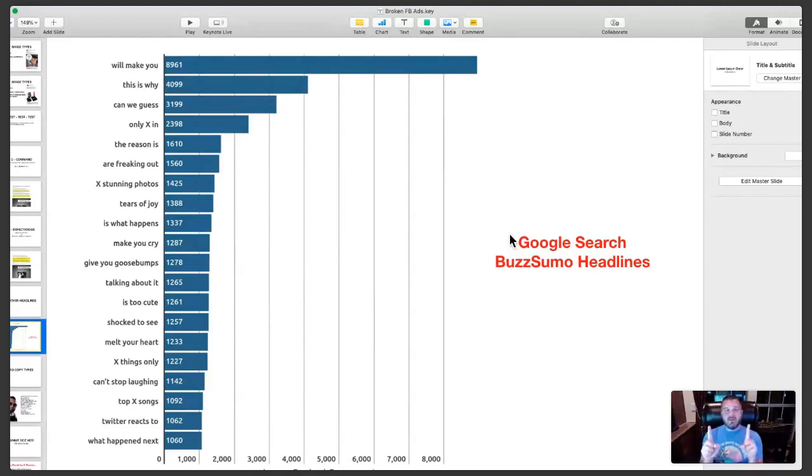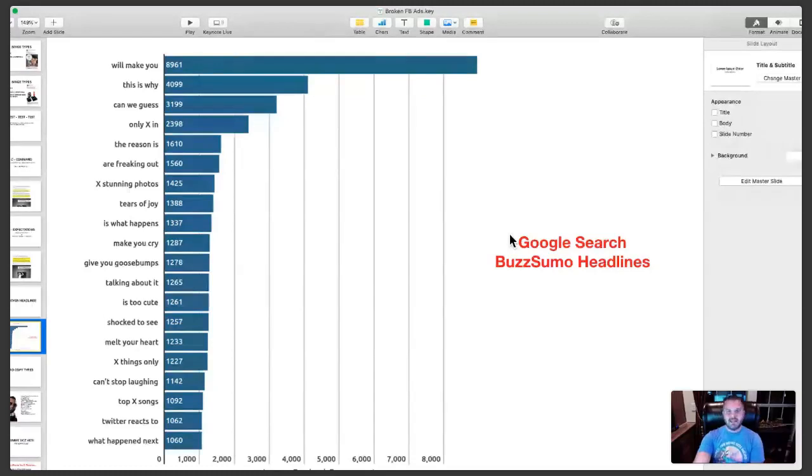Then the headline says, can we guess what happened next? Then it makes them think, what happened? They're going to go up to your copy and start reading through, and that's where you can share the story. This is Mary. She came into my office 3 months ago with sciatica, blah, blah, blah, right?